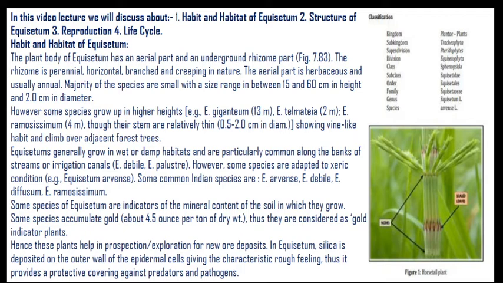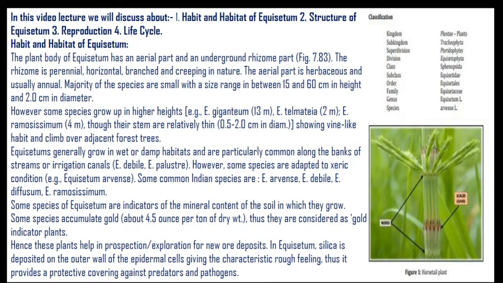While some species also grow to greater heights, some species rarely have a relatively thin stem, while some show a vine-like habit or climb over adjacent forest trees.